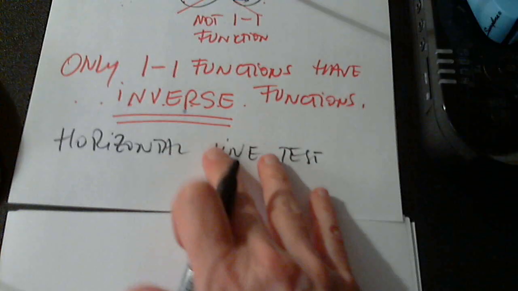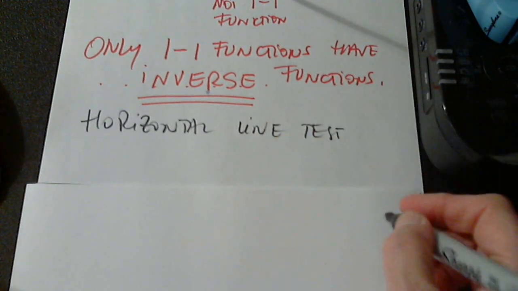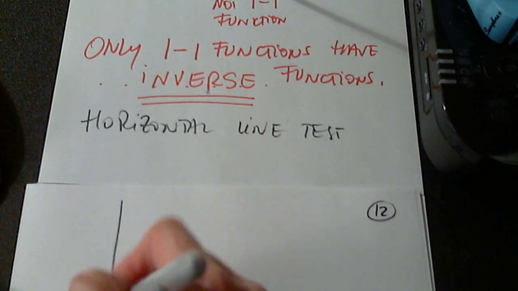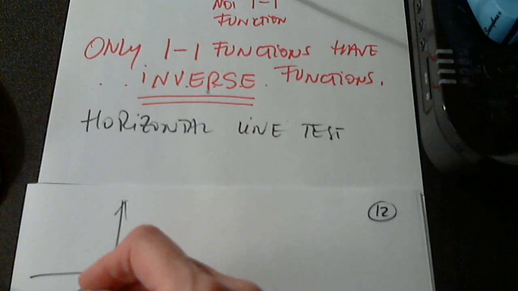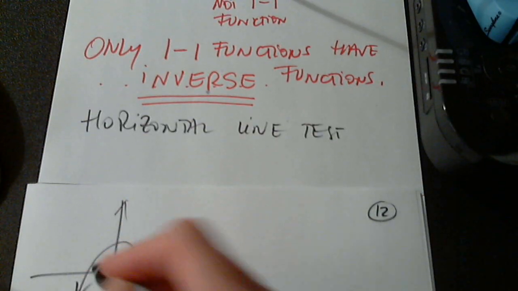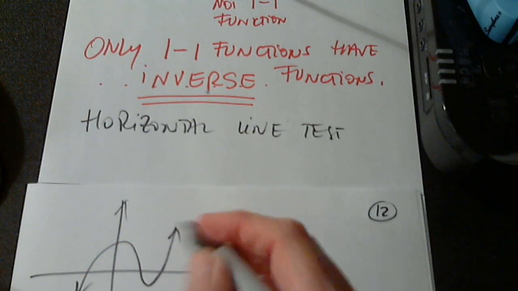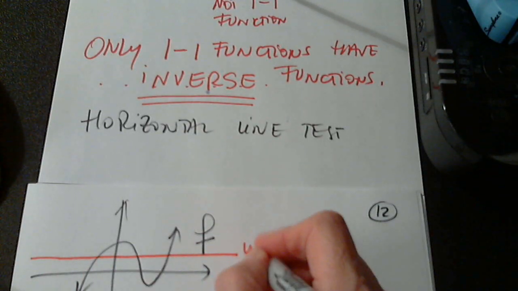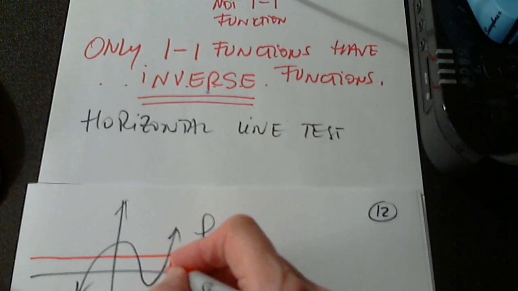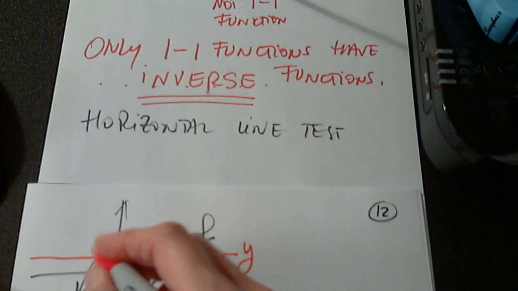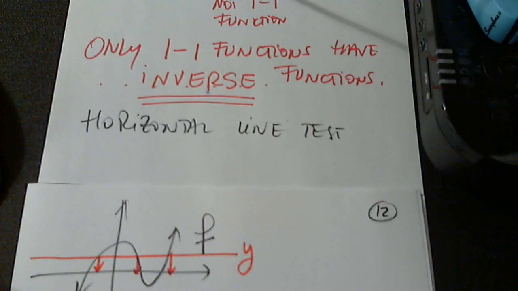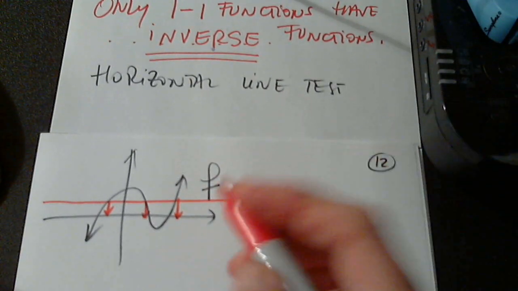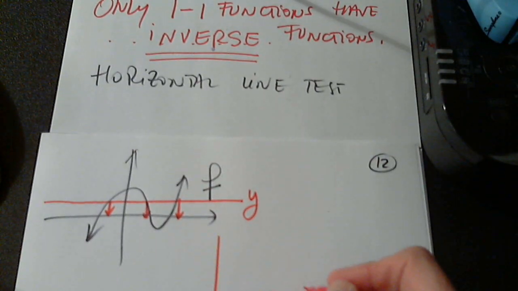So here is a function. This is a function. Is this one-to-one? No. By the horizontal line test, for one y value, I have multiple x values. Is this one-to-one?